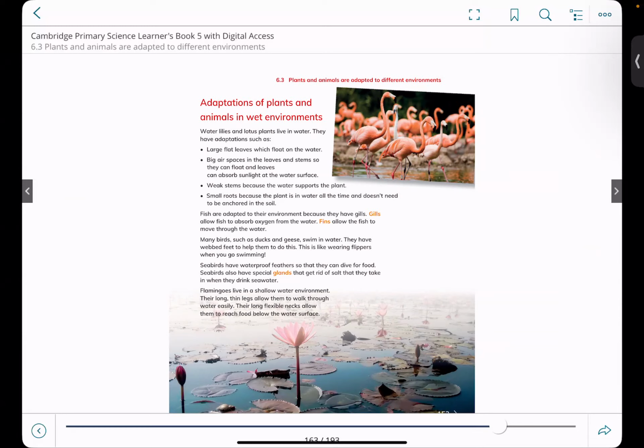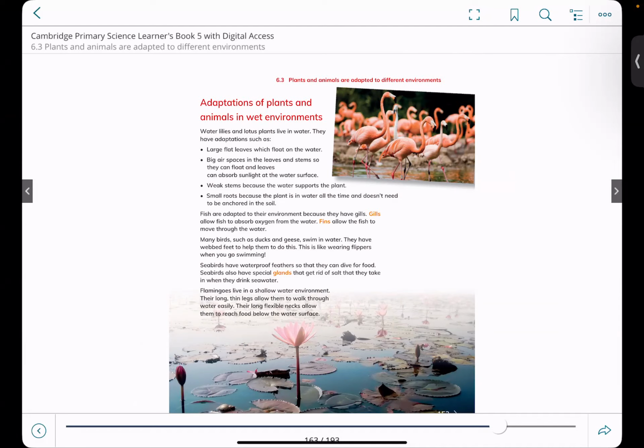And since they are already underwater, they don't need long roots, so that's why they have short roots. The leaves are flat so that they can easily float on the water, and it also has space.